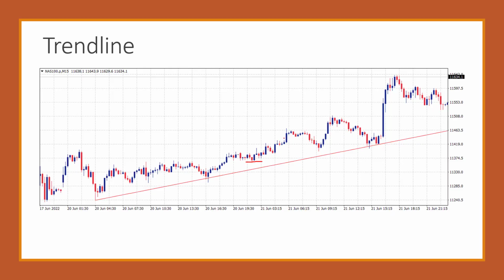In this instance, it's only touched it twice, so it's potentially going to turn out to be a trend line, but we don't know for sure. But this is all we have right now that we can use. So you might say, okay, the price is here. So what I'm going to do is wait for this trend line to be hit again. And if it holds up as support, then that is where I will enter my long position.